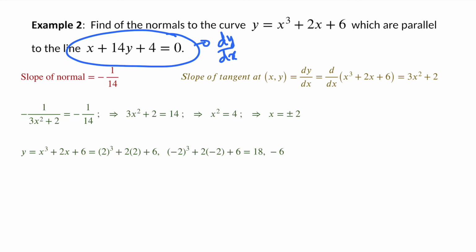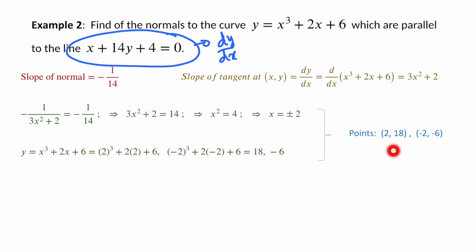So therefore we are talking of these 2 points on this curve, 2, 18 and minus 2, minus 6, where the normals on the curve have the same slope, which is minus 1 by 14.